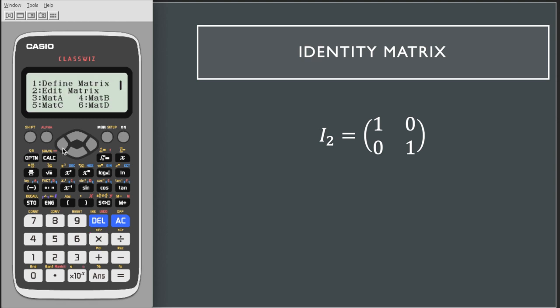Now if we press option, and scroll down to this second page, you'll see that the first option is matrix answer. So if you select option 1, it will bring up matrix A times matrix answer, and we should get matrix A. And as you can see, we've got the entries 5, 3, 1, and 2, and these were the same entries for matrix A.